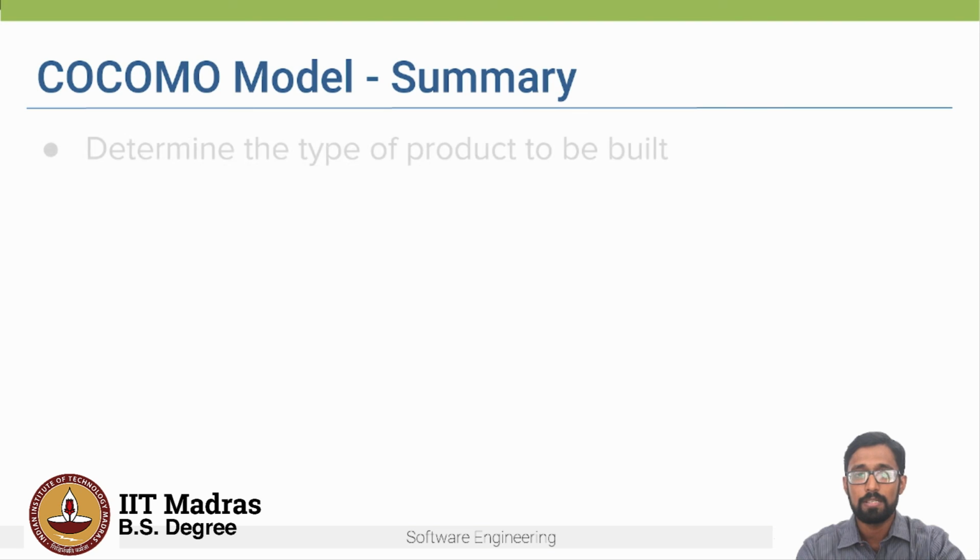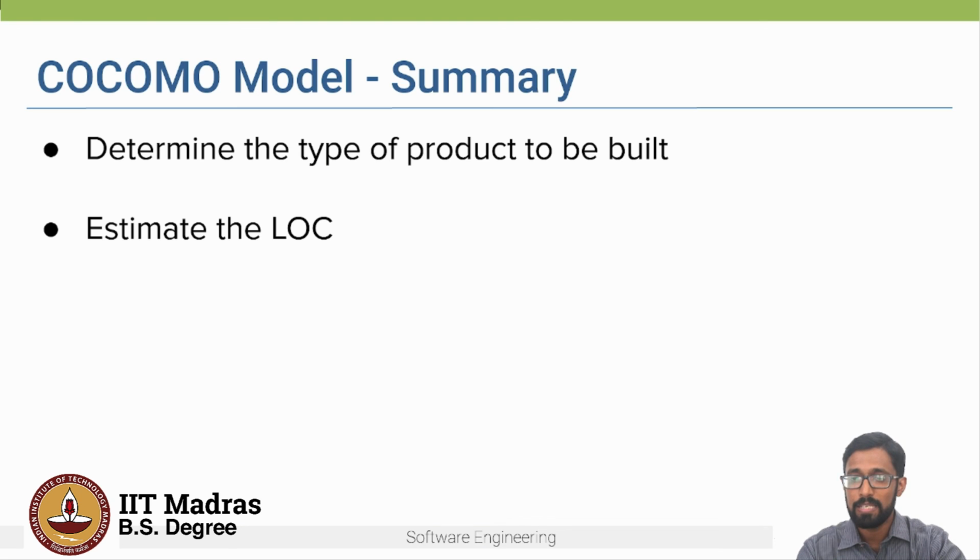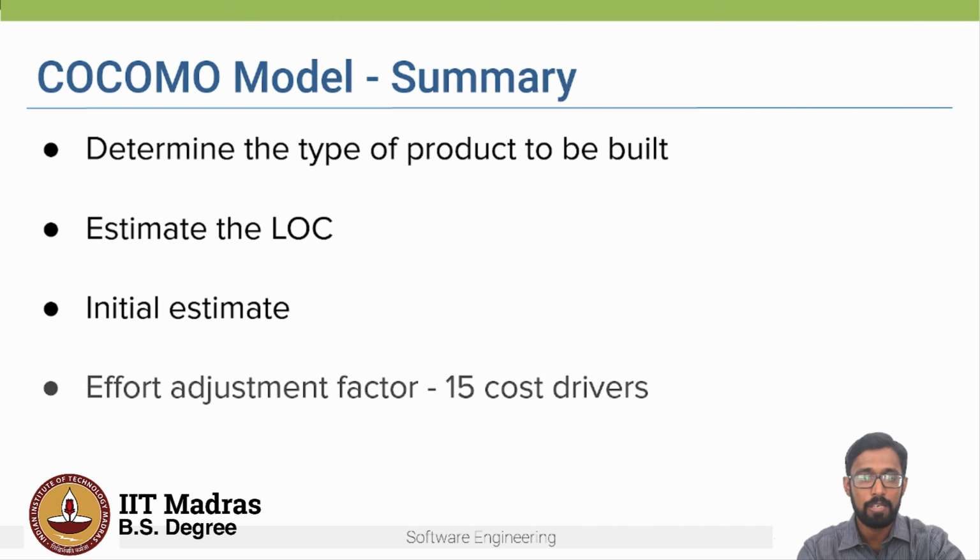So to summarize the COCOMO model, first we determine the type of product which has to be built. Then we estimate the number of lines of code for each module. Based on the formula, we get the initial estimate. From this initial estimate, we calculate the effort adjustment factor by considering the 15 cost drivers. Then we multiply the initial estimate with these adjustment factors to get the overall estimate.